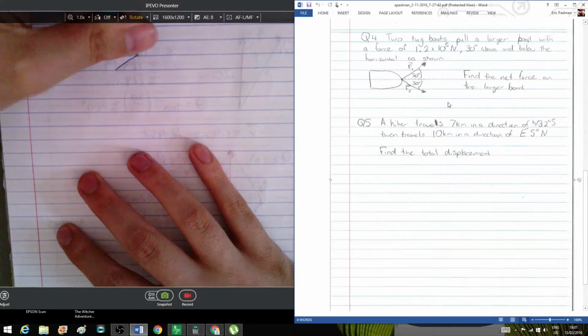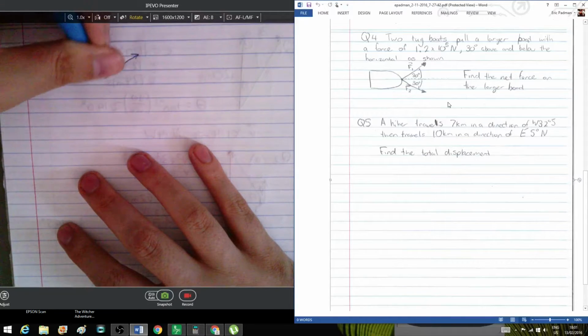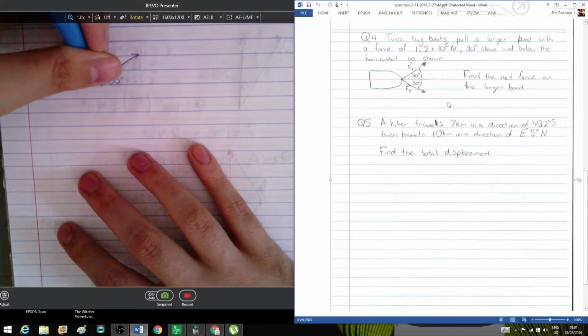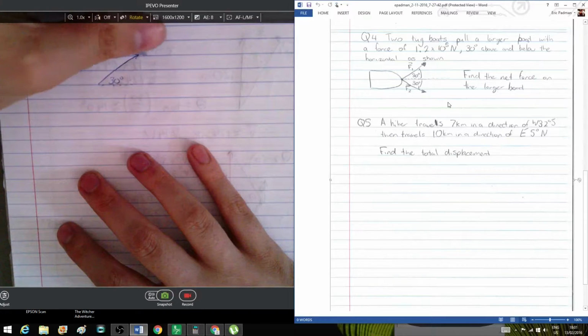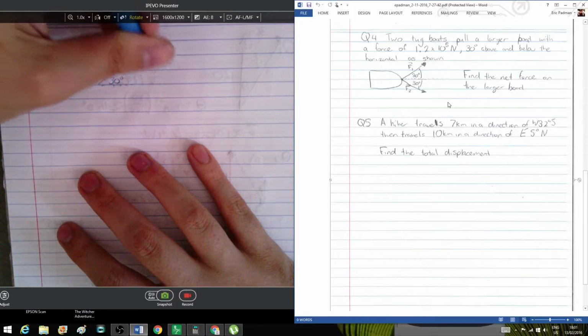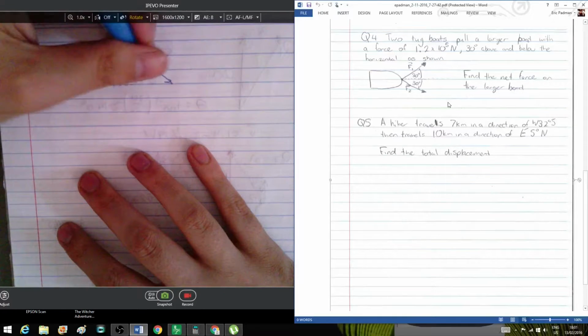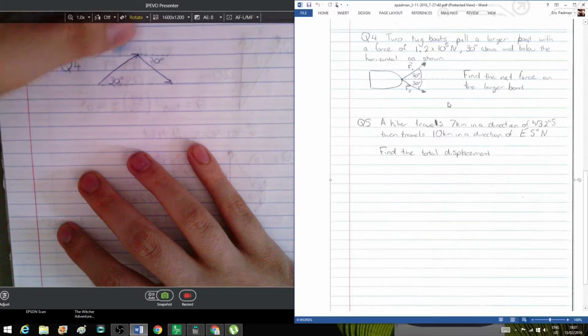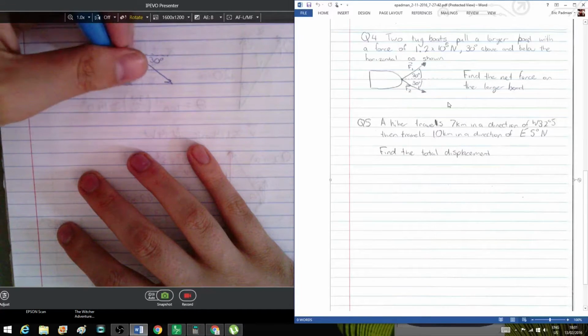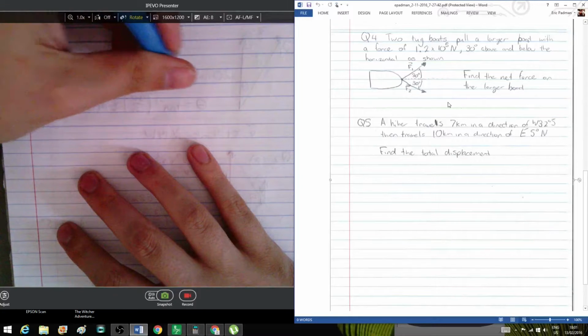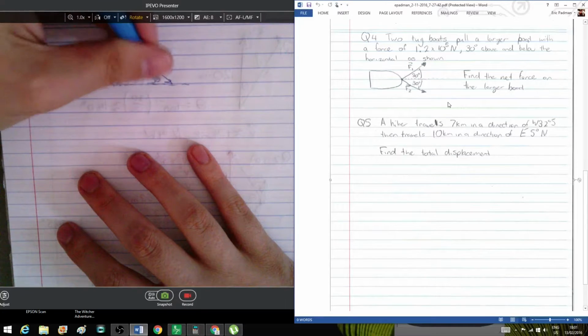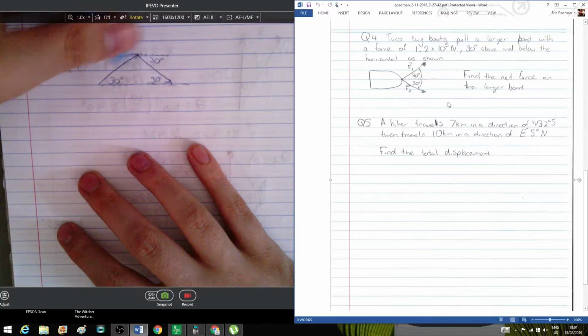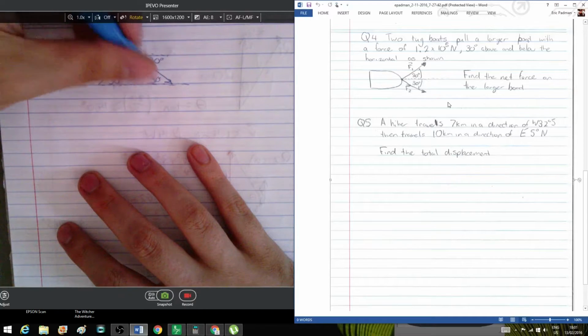The first vector at, I'll make it a bit bigger than that, 30 degrees from this, and then do another one, 30 degrees down that way. Now I'll put a 30 in there, 30, 30, 120.